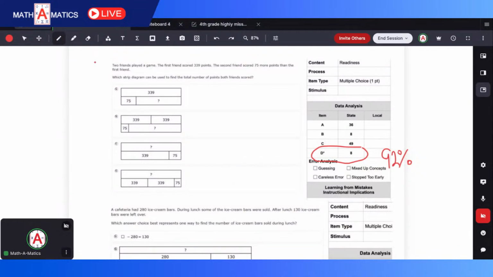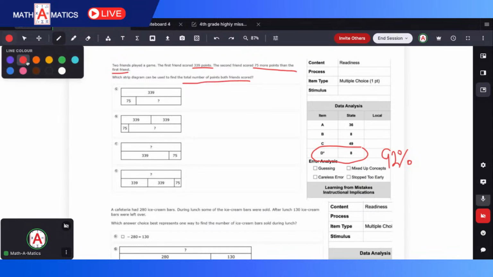That's a lot. 2 friends played a game. The first friend scored 339 points. The second friend scored 75 more points than the first friend. Which strip diagram can be used to find the total number of points both friends scored?